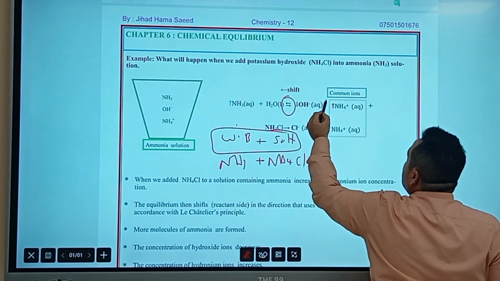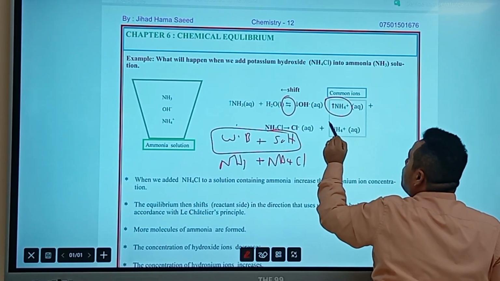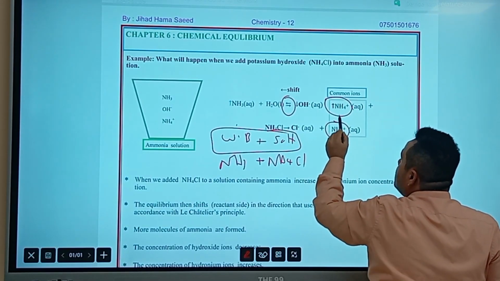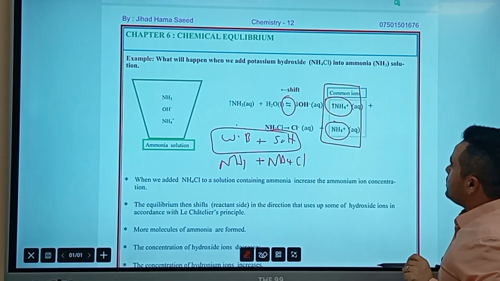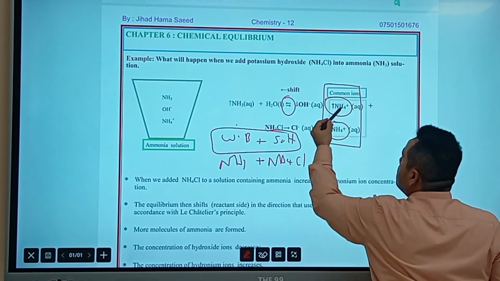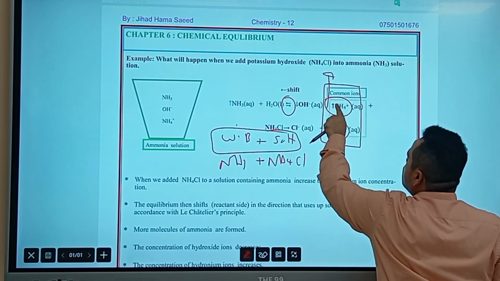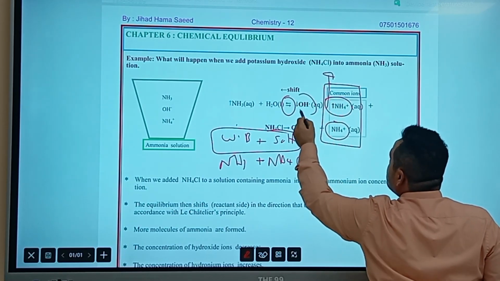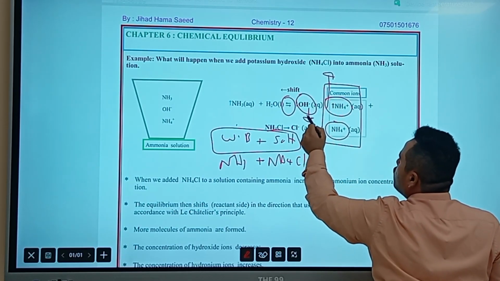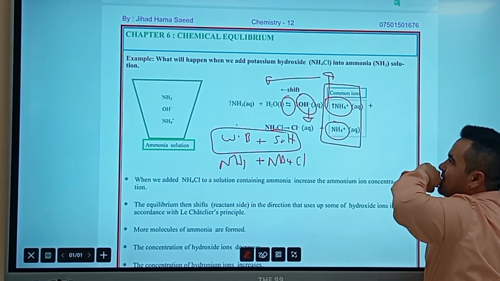The weak base will produce ammonium, and then ammonium chloride will produce ammonium as well. These two are common ions from two solutions. Addition of ammonium to the above increases the ammonium in the solution, and this reacts with hydroxide, decreasing the hydroxide and shifting the equilibrium toward the reactant side.